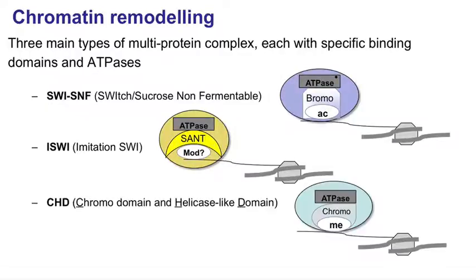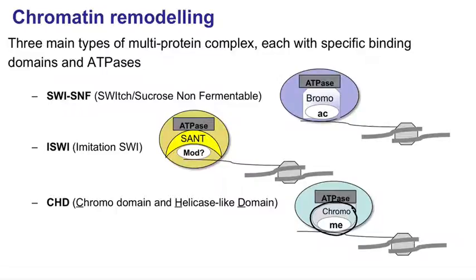And the final class are called the CHD chromatin remodelers, and this stands for chromodomain and helicase-like domain. So the chromodomain we've also dealt with before, and it recognises the methylated histone tail. And remember, methylated histones can be found in different contexts, and it's context dependent whether or not it may be an active chromatin or inactive chromatin, so heterochromatin or euchromatin.